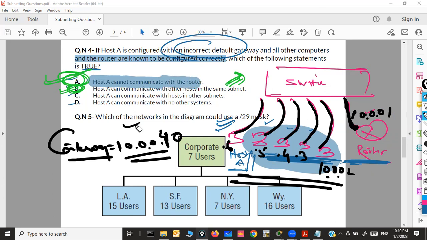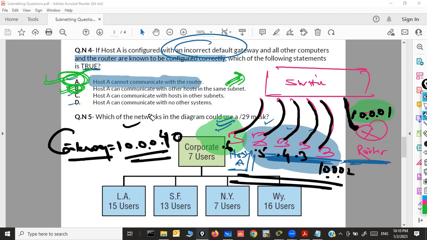Why is it incorrect? Because if host A wants to communicate with 10.0.0.1, the gateway is not required, because this computer's IP is 10.0.0.6 and the router IP is 10.0.0.1. They both are in the same network. The gateway address is not required.